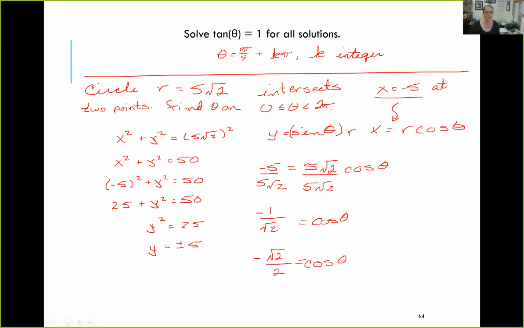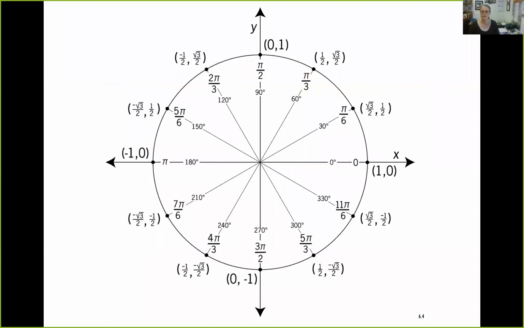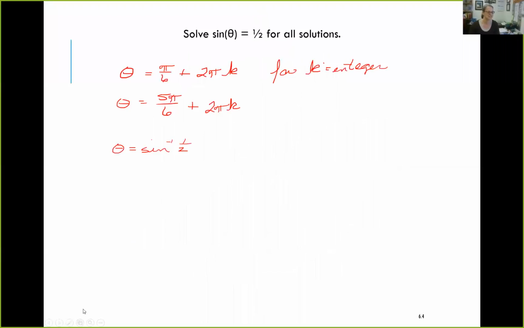And if we look at our unit circle, you'll see that this unit circle doesn't have 45 degrees on it, but there is an angle right here that you should know.